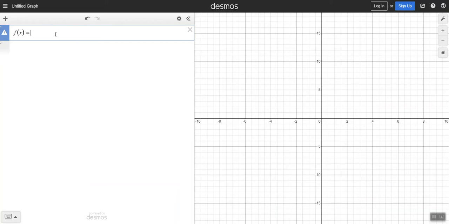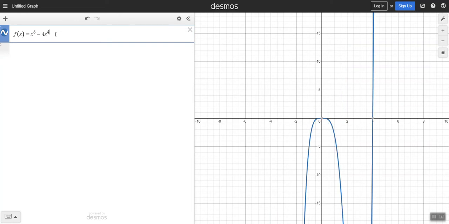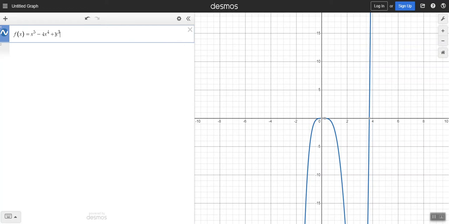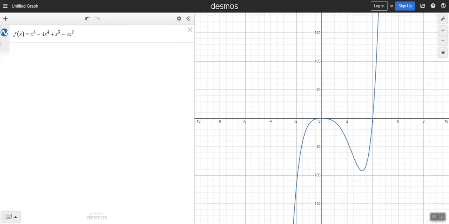Our function was x to the 5th minus 4x to the 4th plus x cubed minus 4x squared. Okay, and it looks like I mostly got it.